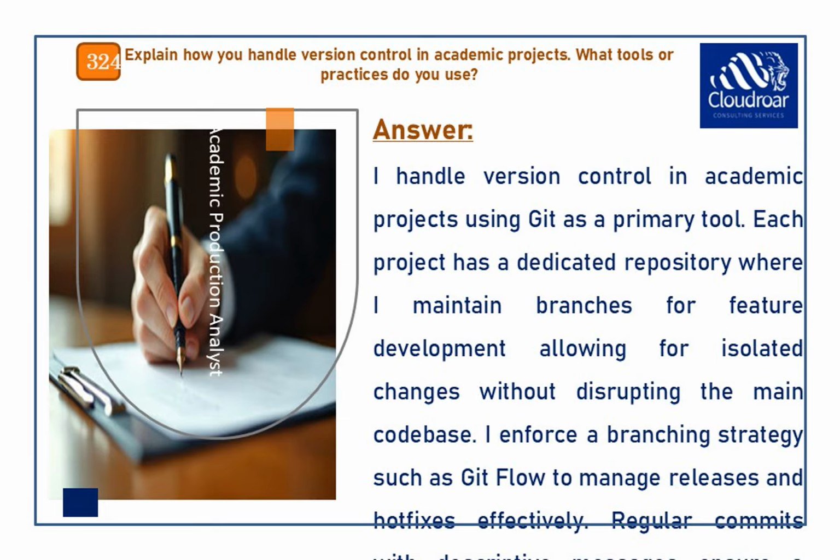I enforce a branching strategy, such as Git flow, to manage releases and hotfixes effectively. Regular commits with descriptive messages ensure a clear history of changes. Additionally, I conduct code reviews to maintain quality and encourage knowledge sharing within the team, further enhancing collaboration.